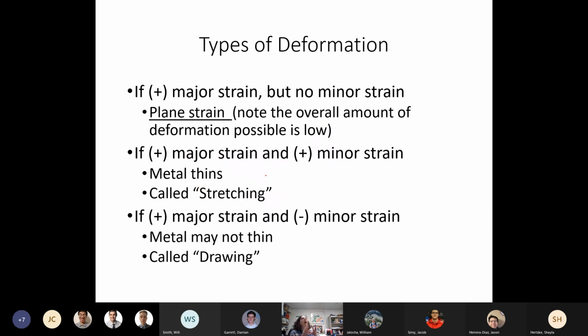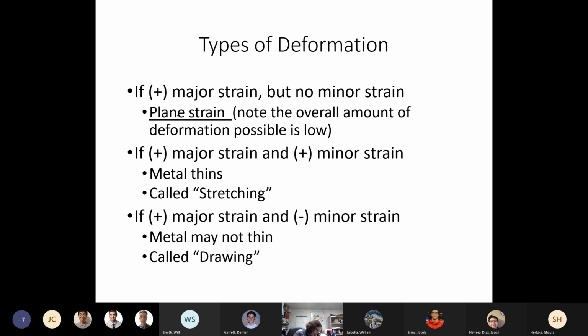Now, we have a couple ways of describing the deformation. And this is where we have to, again, think about, are we defining the type of deformation? And there are 3 sort of types of deformation that we will talk about. There's really 2 categories, and then plane strain is sort of the 3rd one.